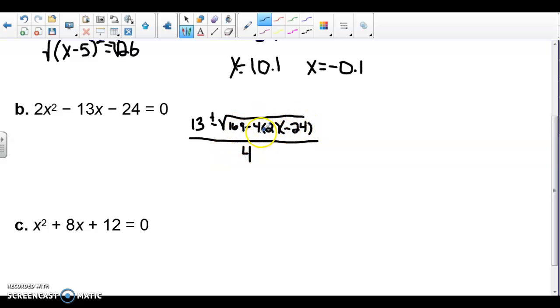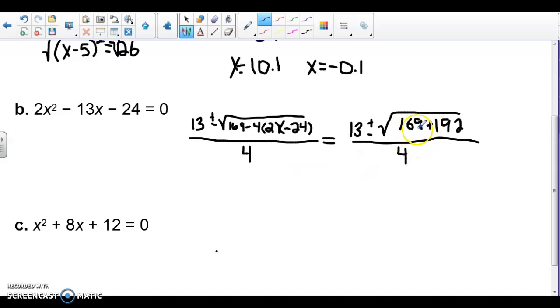Alright, so now I'll take care of what's inside of this radical sign. I'll just use a calculator to figure it out. I've gone ahead and done this inside work, so I'm going to wind up having 13 plus or minus the square root of 361, all over 4.